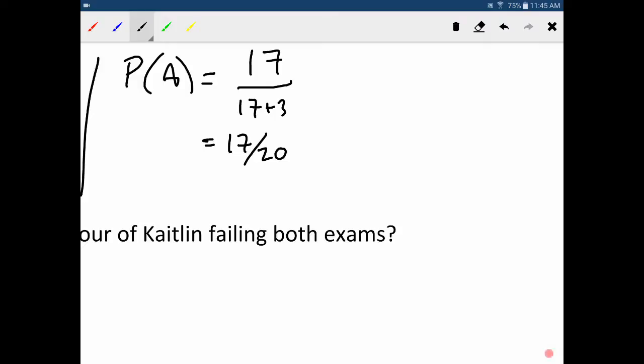Okay, the probability of her passing biology, so the number of ways you could succeed, and you have to really pay attention on this one because it actually gives you the odds against her passing. So on top we're going to have the 7, not the 3, okay, and then on the bottom we'll have the 3 plus 7, so we've just got 7 out of 10, okay.